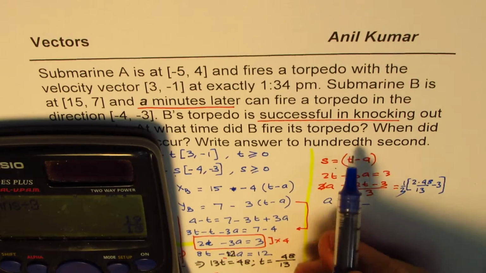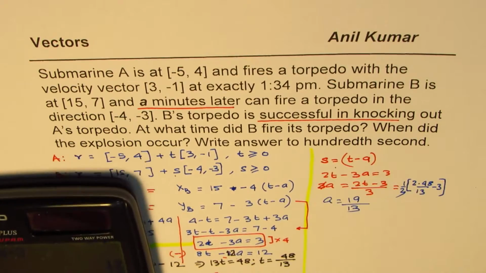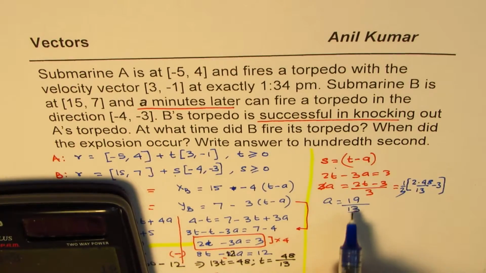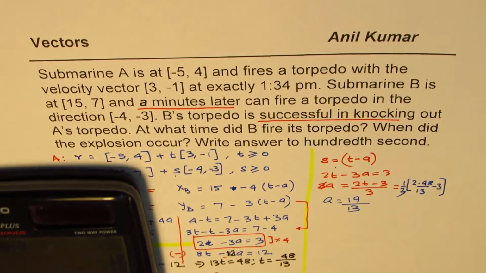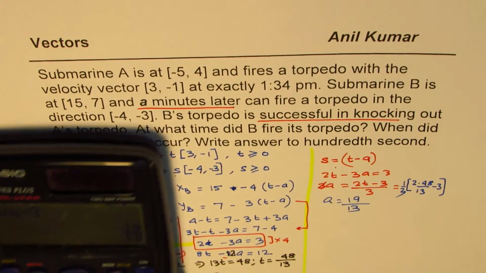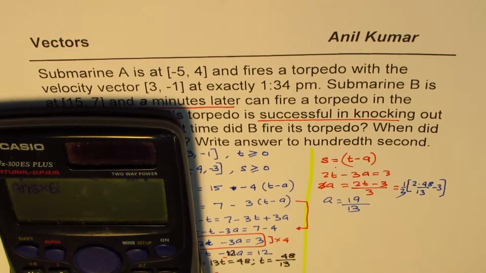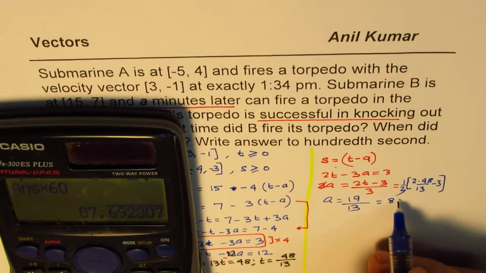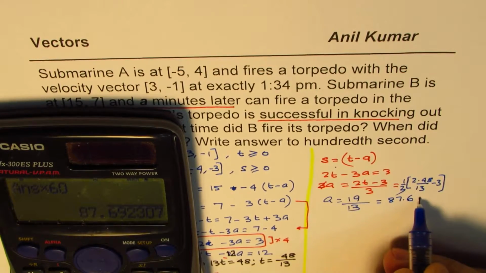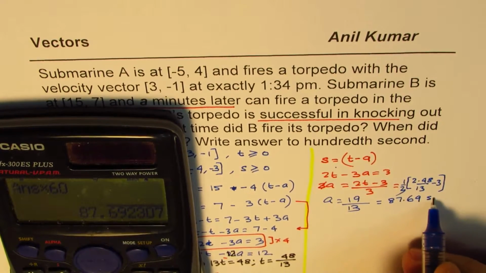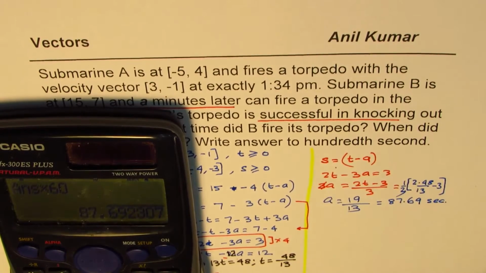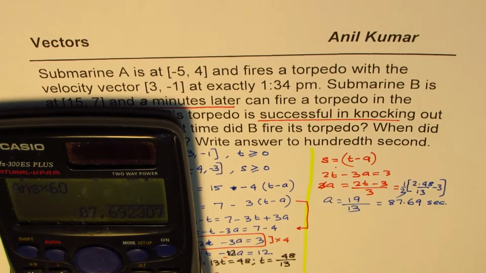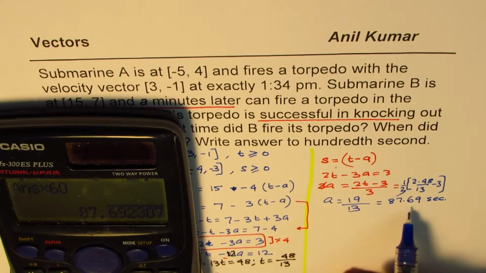Now we need hundredth of seconds, and this time is in minutes. So this time is in minutes. To convert this into hundredths of seconds, we'll multiply this by 60 to get seconds, right? In decimals, we have this as 87.69 seconds. Do you see that? So that is in seconds, right? Obviously 1 minute and some seconds, right?